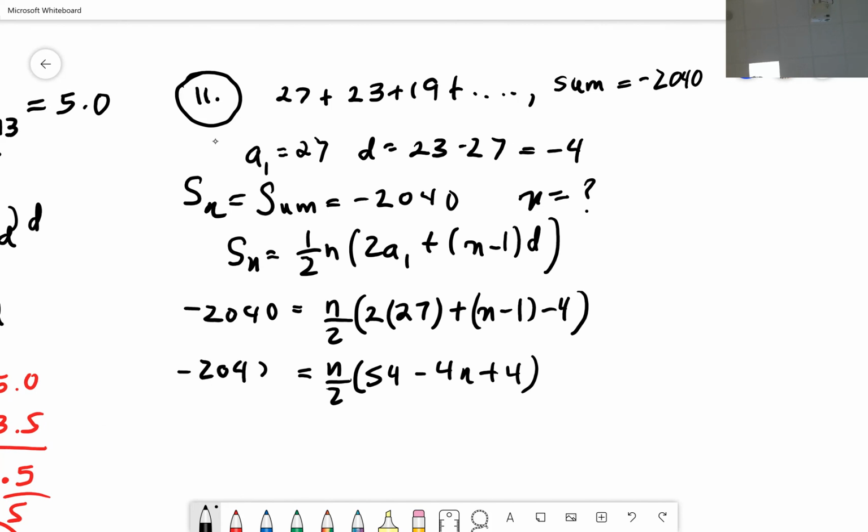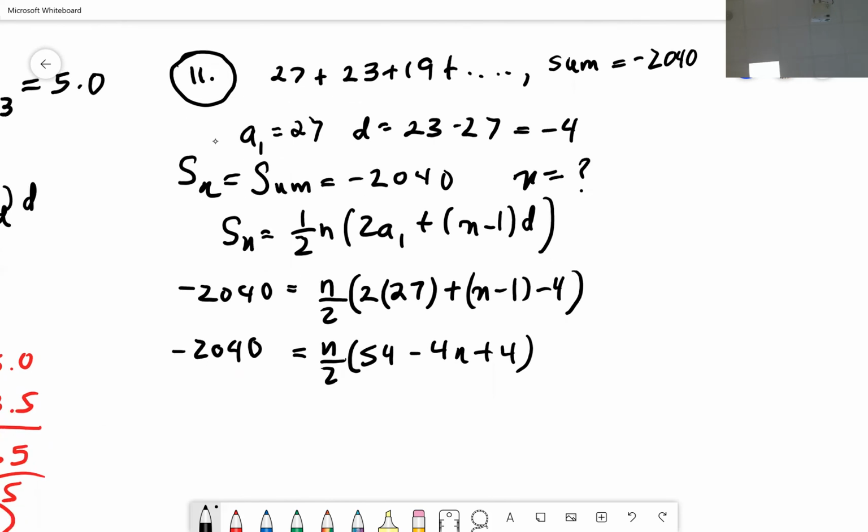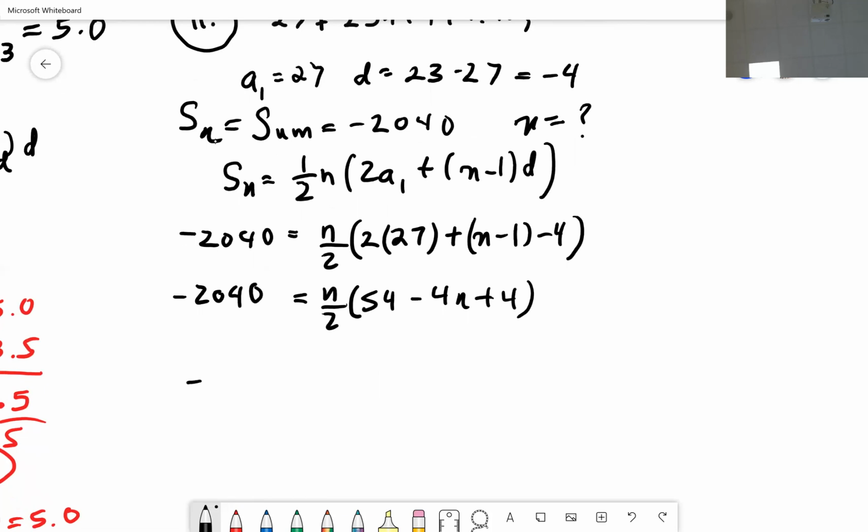I'm going to go ahead and write negative 4080 equals n times negative 4n plus 58. That's what I have. Agreed? All right, so far so good. And unfortunately, it's just horrible numbers, right?